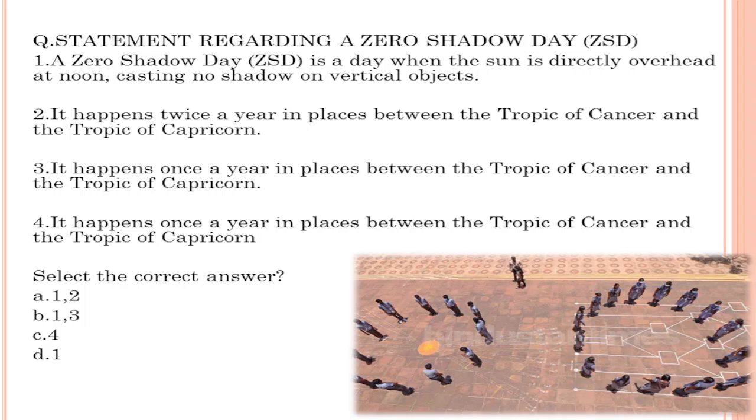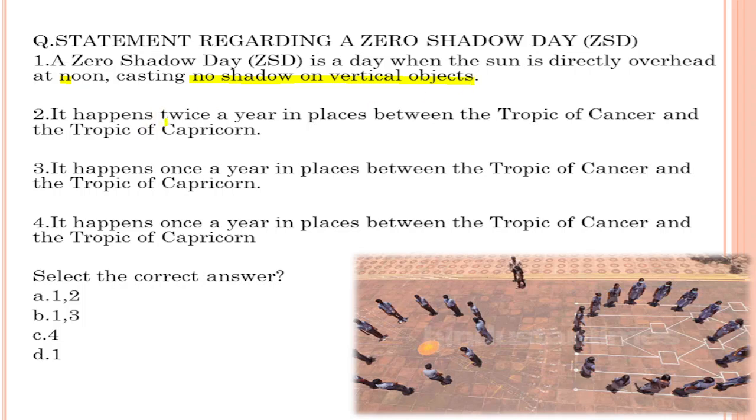Next one, statements regarding a zero shadow day. Zero shadow day is a day when the sun is directly overhead at noon, casting no shadow on vertical objects. So this is the first statement.